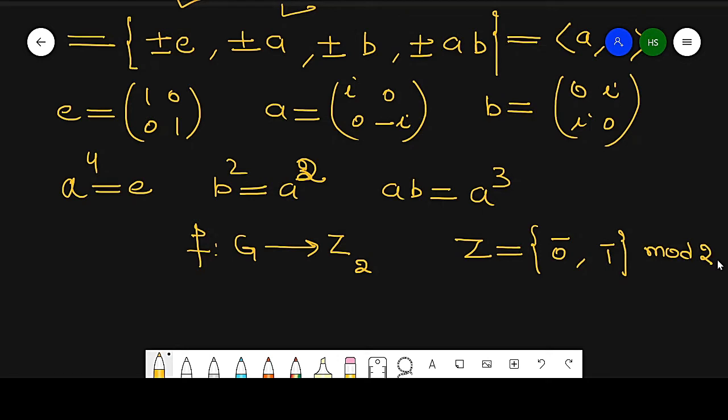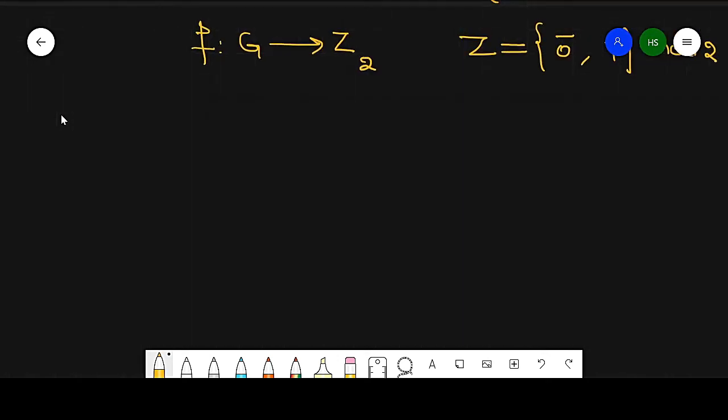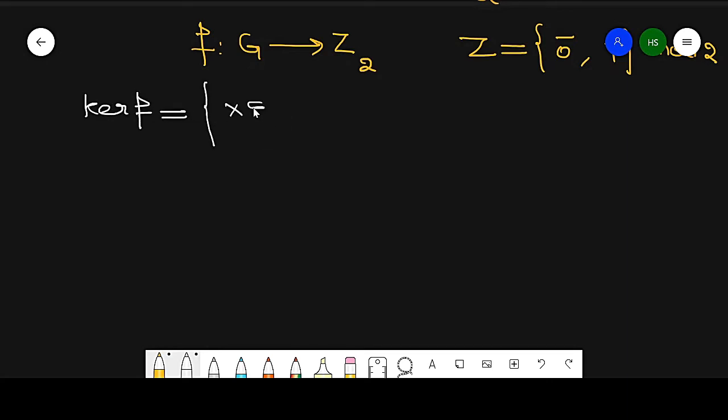So the kernel of f is the set of all x belonging to G such that f of x equals 0 bar, which is the identity of Z2.